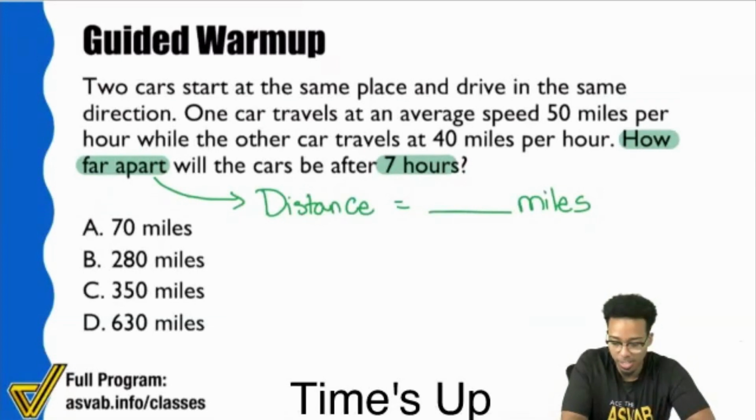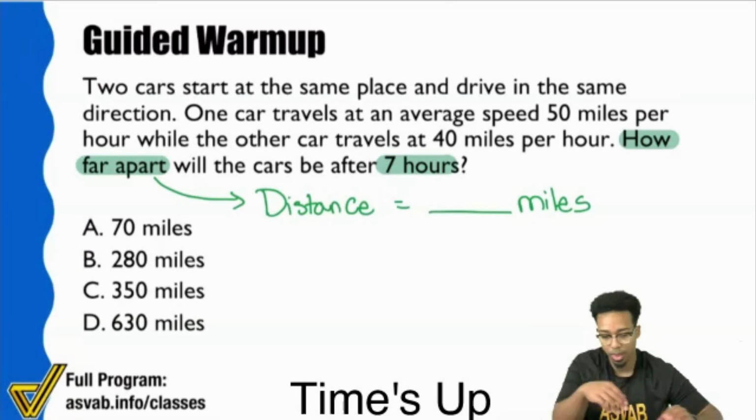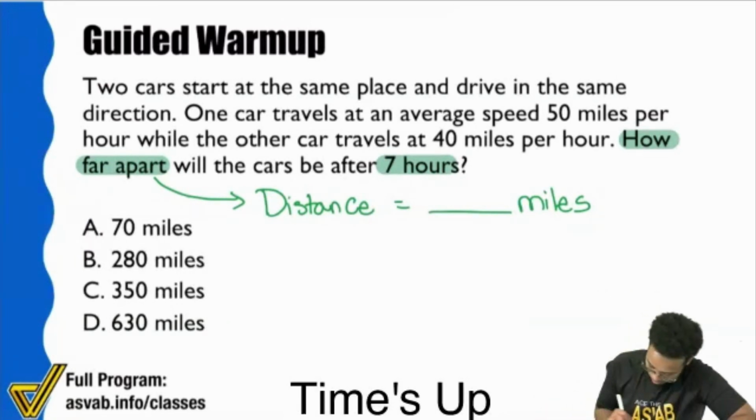What should we write down? 7 hours. There we go. Good. And 7 hours, what kind of a unit is that, everybody? Time, correct? Nice and easy. We have time equals 7 hours, so write that down nice and easy.